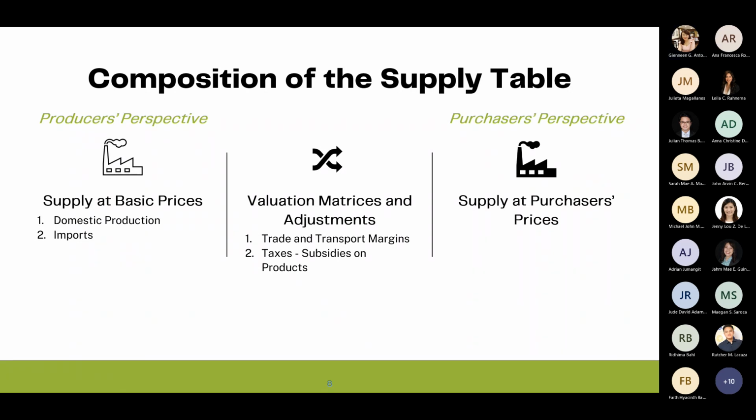And apart from just equating the totals, we will also be equating the supply and use per product to achieve the product balances. And it makes sense because, of course, what is supplied in the economy must have been used by someone in the economy for whatever purpose, right? Okay, so we'll discuss more about the procedures later.